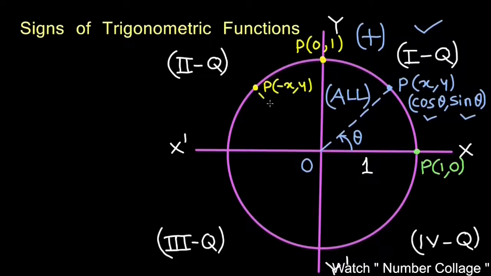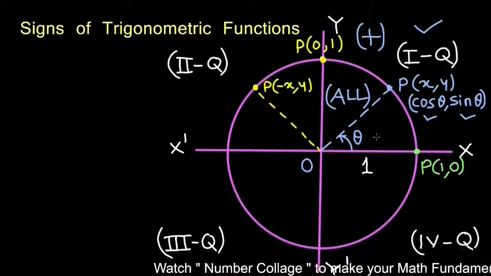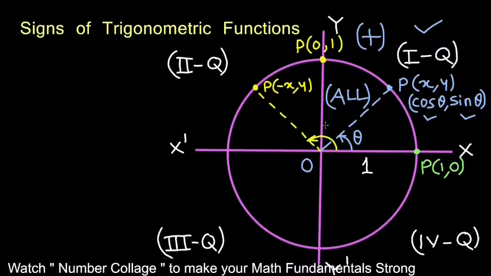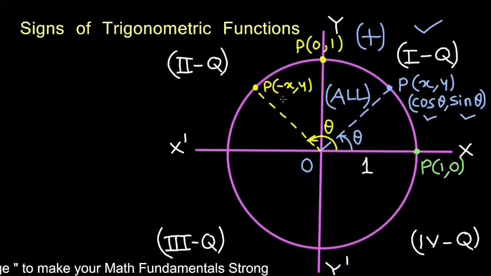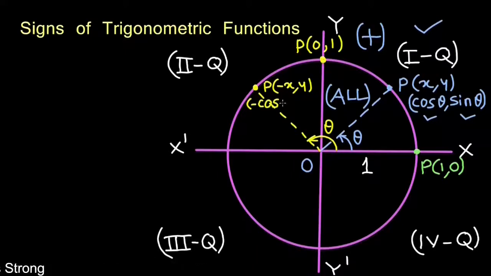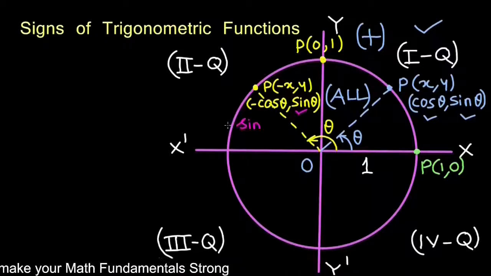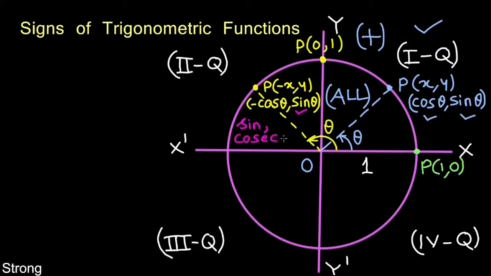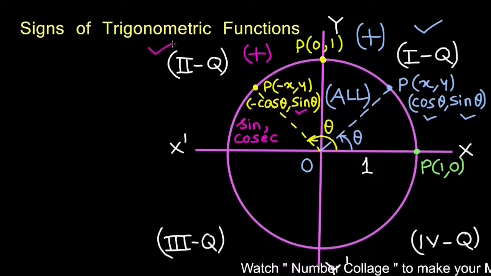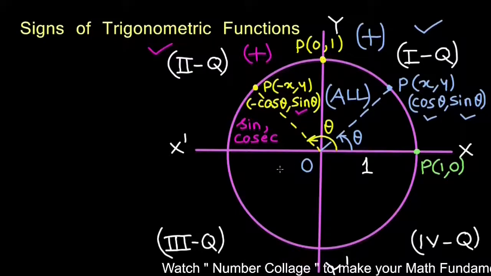If we join point P and the origin, the directed angle will be theta degrees. So the coordinates of P will be (minus cos theta, sin theta). Since sin theta is positive, only sine and cosec trigonometric ratios will be positive in the second quadrant and the remaining ratios will be negative.